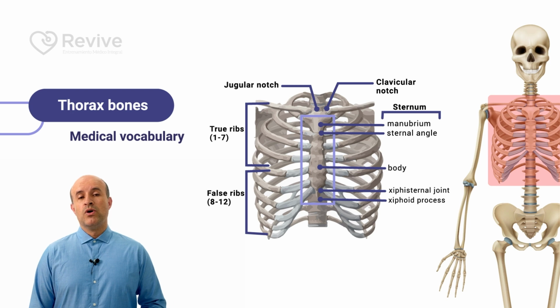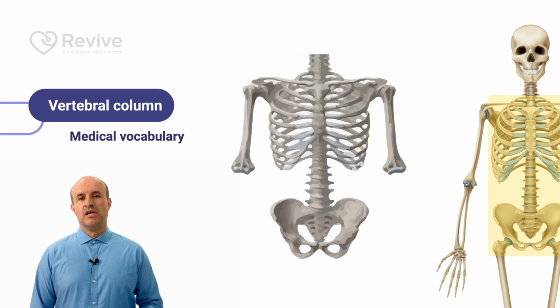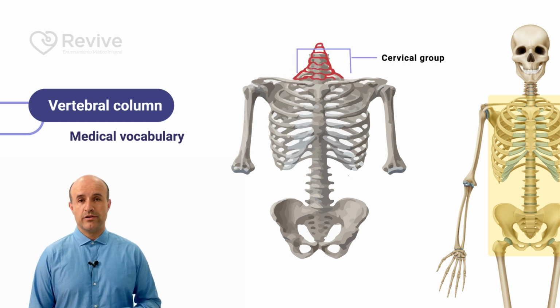We are now with the vertebral column bones. We will divide them by colors for easy identification. Let's start by taking a look at our vertebral column. We're going to start by mentioning the groups of vertebrae that form the column. The first group is the cervical group, as you can see in a red color.